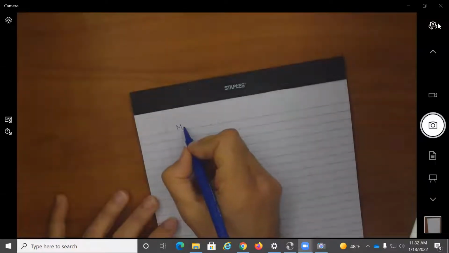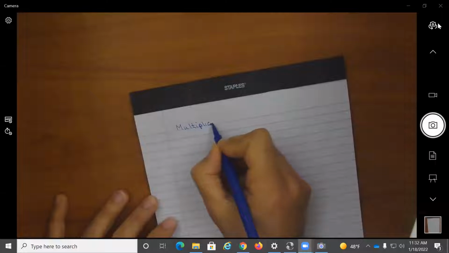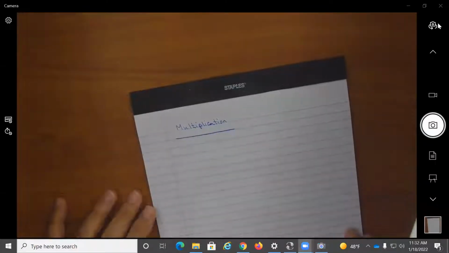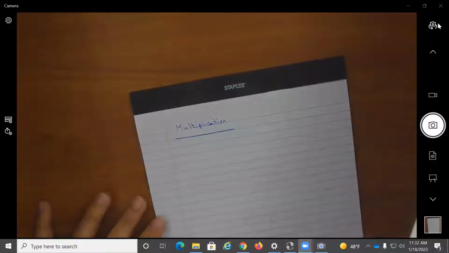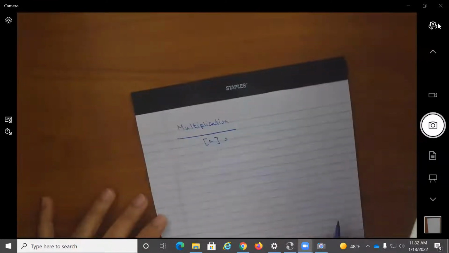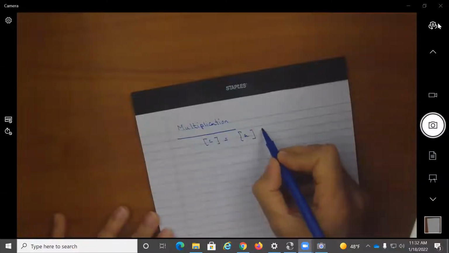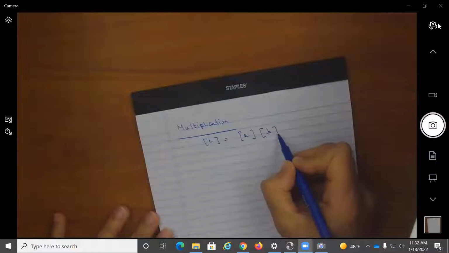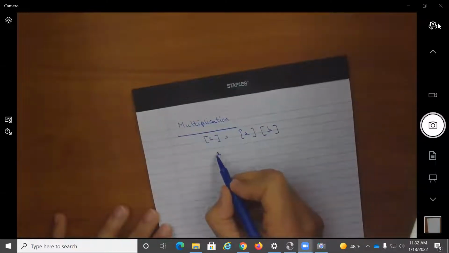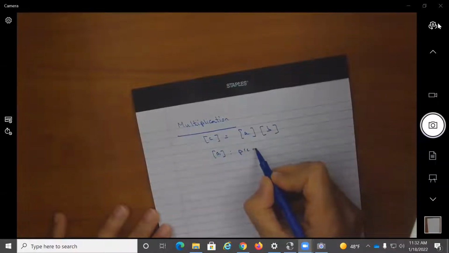Next, multiplication. You can see that C is equal to the product of A times B. A is known as the pre-multiplier.